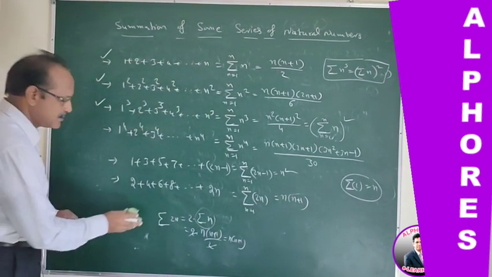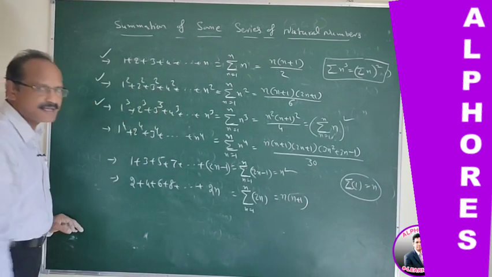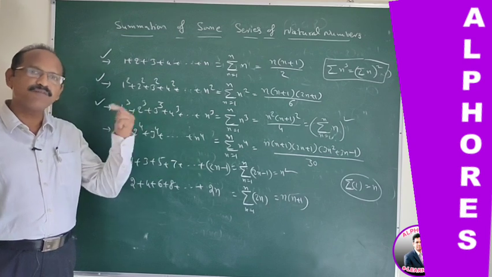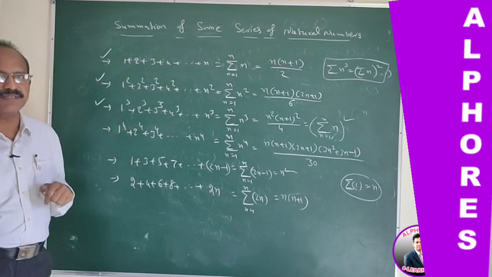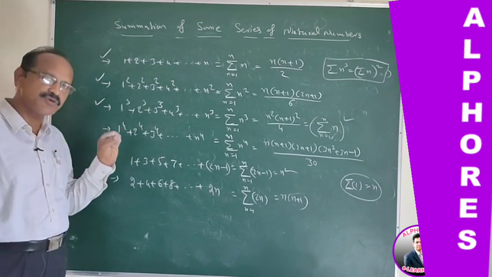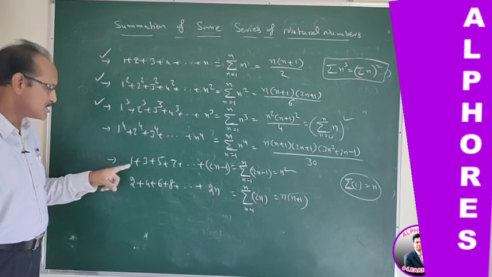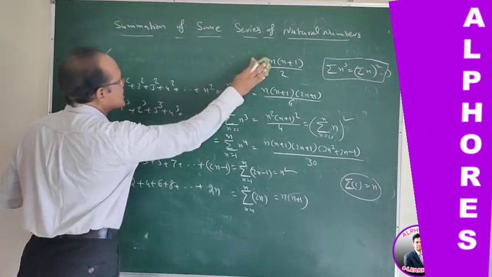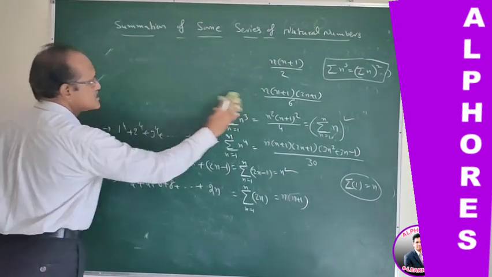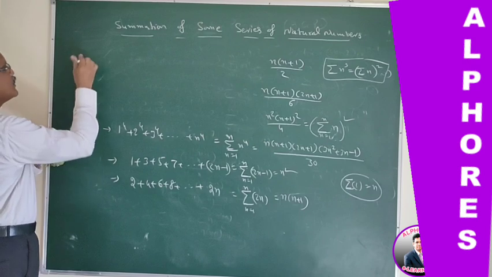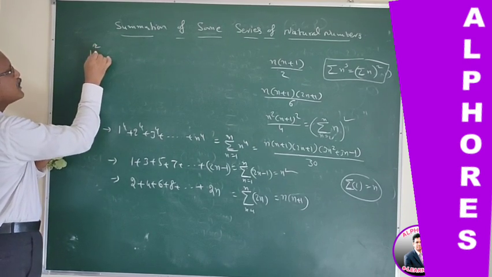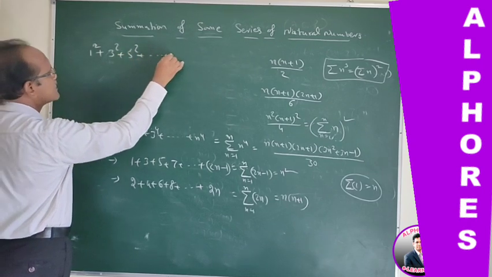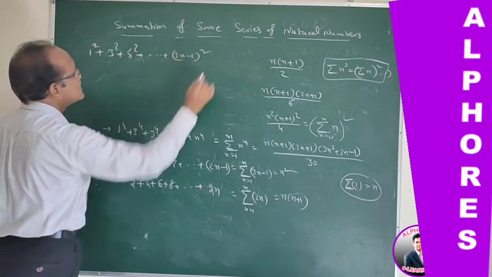We can also calculate the sum of the squares of the first n odd natural numbers and the sum of the squares of the first n even natural numbers. So I am trying to calculate those results also. The sum of the squares of the first n odd natural numbers is 1 square plus 3 square plus 5 square plus so on up to 2n minus 1 whole square.